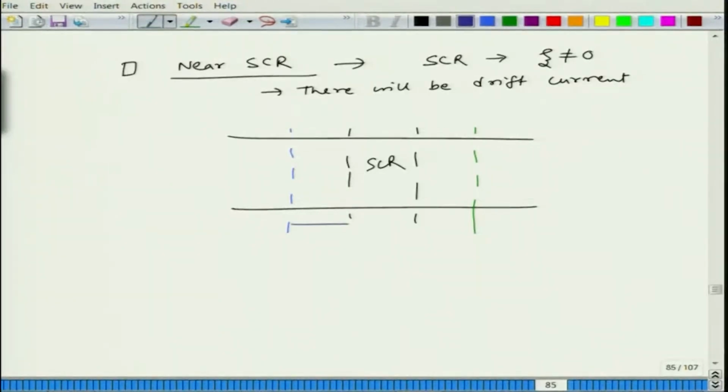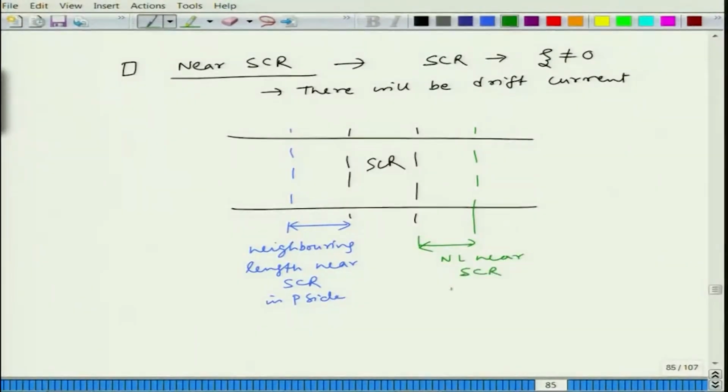So, this part is the neighboring length near the space charge region in the p side. Here it is the same thing, the neighboring length near the SCR in the n side. Now, think of these closed areas nearby the space charge region.